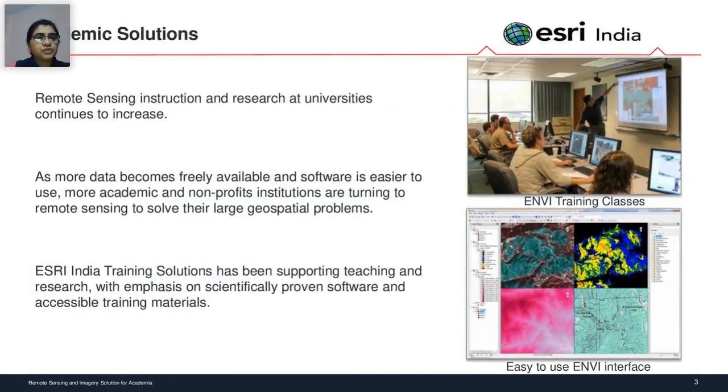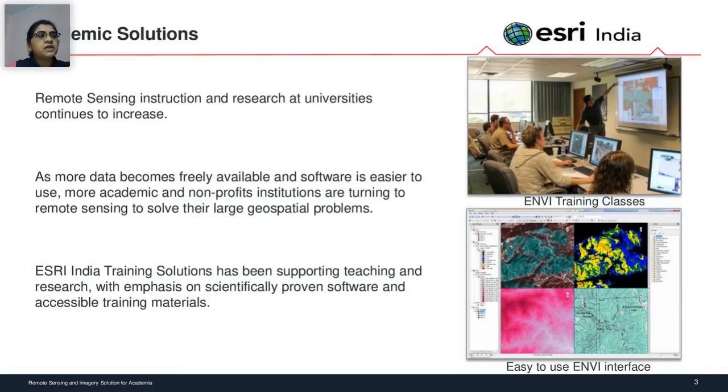How academic solutions are very important for all of us here, because the kind of activities performed in education and research at universities keeps on increasing, and a large number of students are learning about geospatial imagery and complex numerical data also.